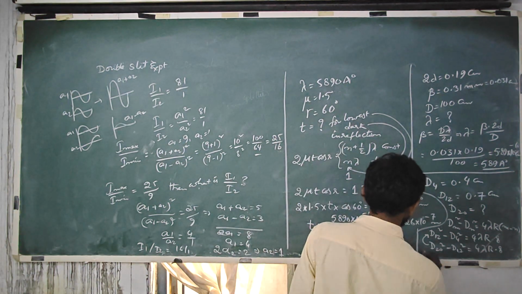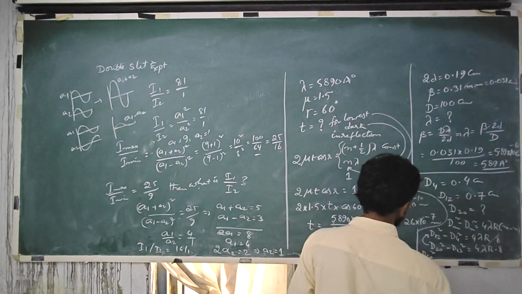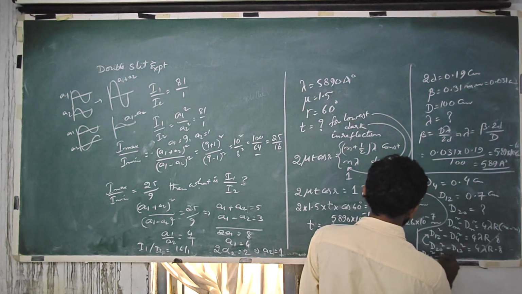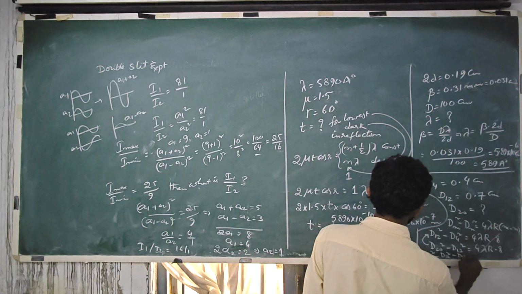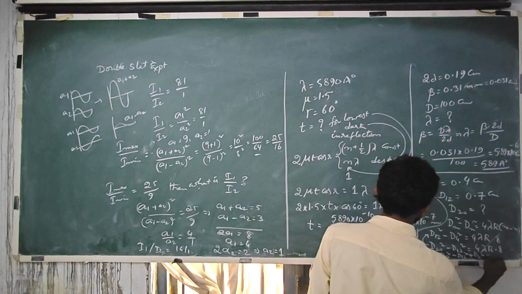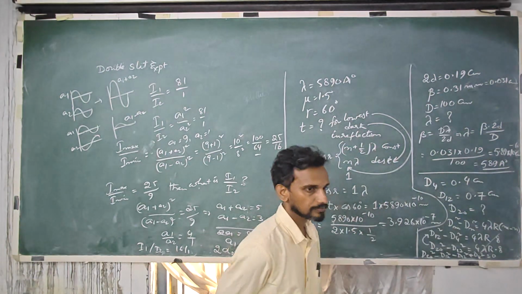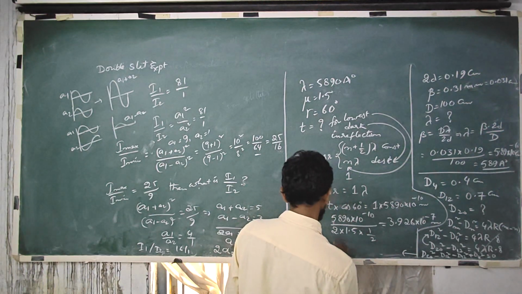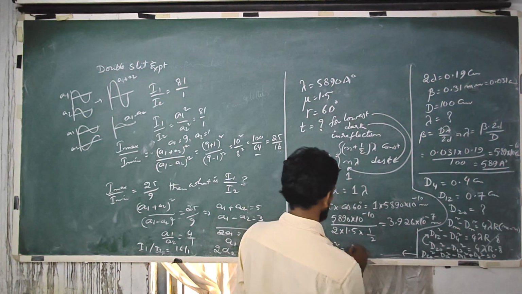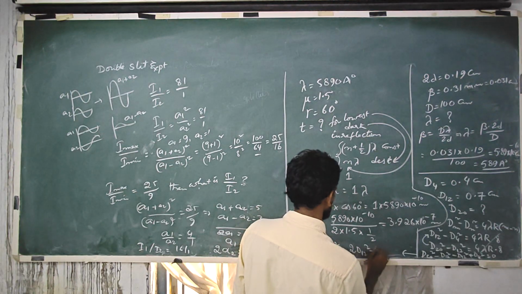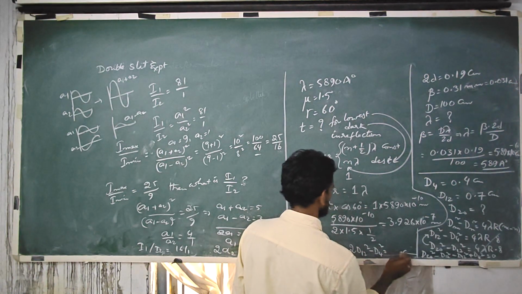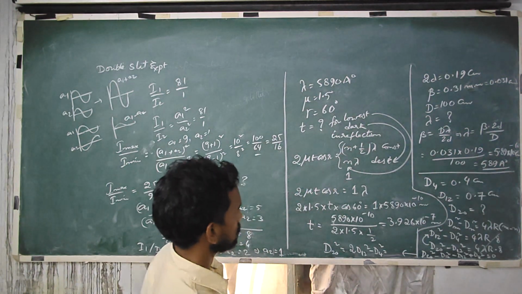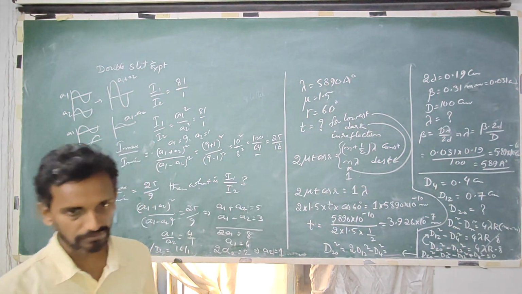What do you get? D20 square minus D12 square minus D12 square plus D4 square is equal to 0. So D20 square is 2 D12 square minus D4 square. 2 into 0.7 square minus 0.4 square.